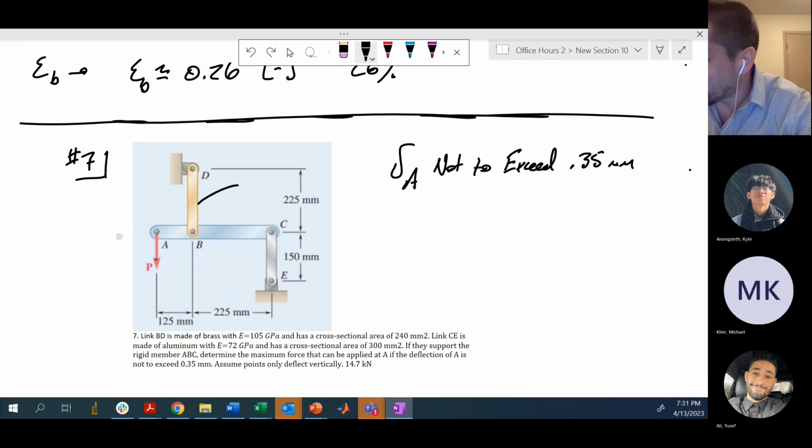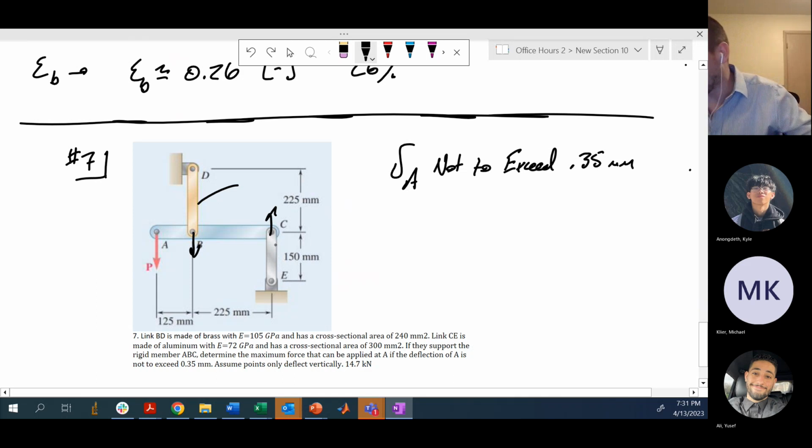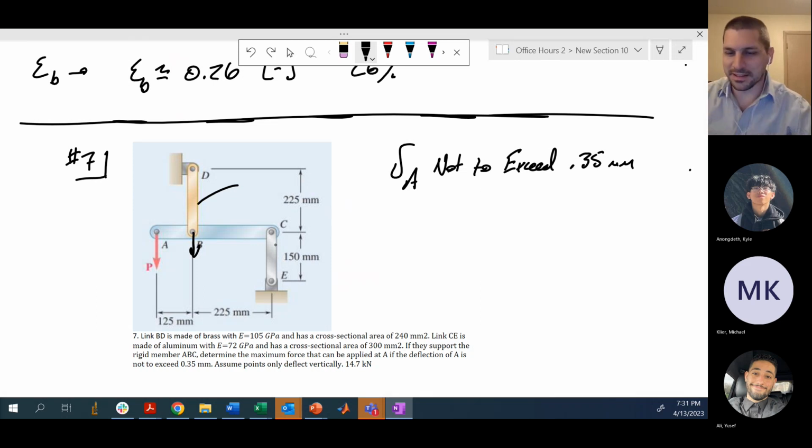Well, you could probably imagine in your head that this side's probably going to go down and this side's probably going to go up, or maybe this side goes down, not sure. But let's just run with the idea that A is definitely going to move down, B is probably going to move down, and let's just say C is going to move up. So maybe just go with some sketch of what's going to happen.